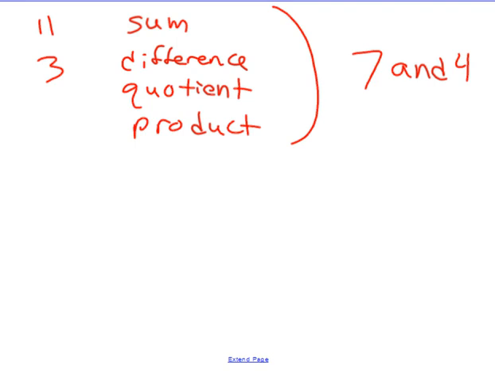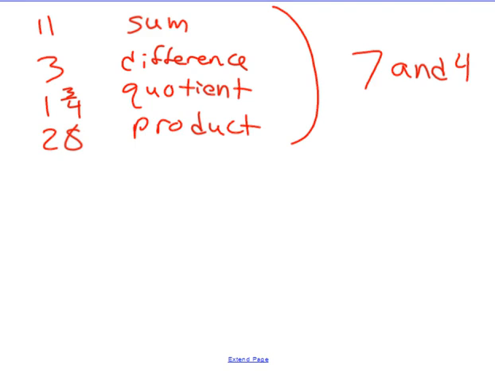And 7 divided by 4 equals? 1 and 3/4, or 1 remainder 3. And product equals? Times, which is? Christopher? 28. So we have to know what they're asking.